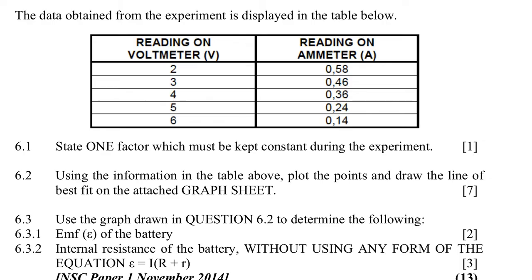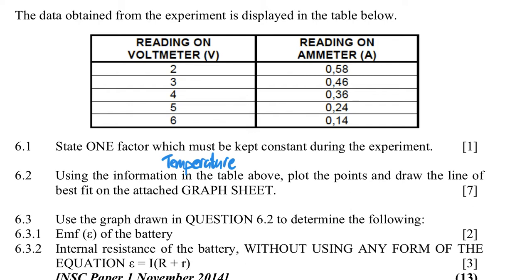So one of the factors which must be kept constant during the experiment would be the temperature, ideally. By keeping the temperature constant as best as you can, you are working within the realms and limits of Ohm's law. Another factor which should be kept constant is the battery.